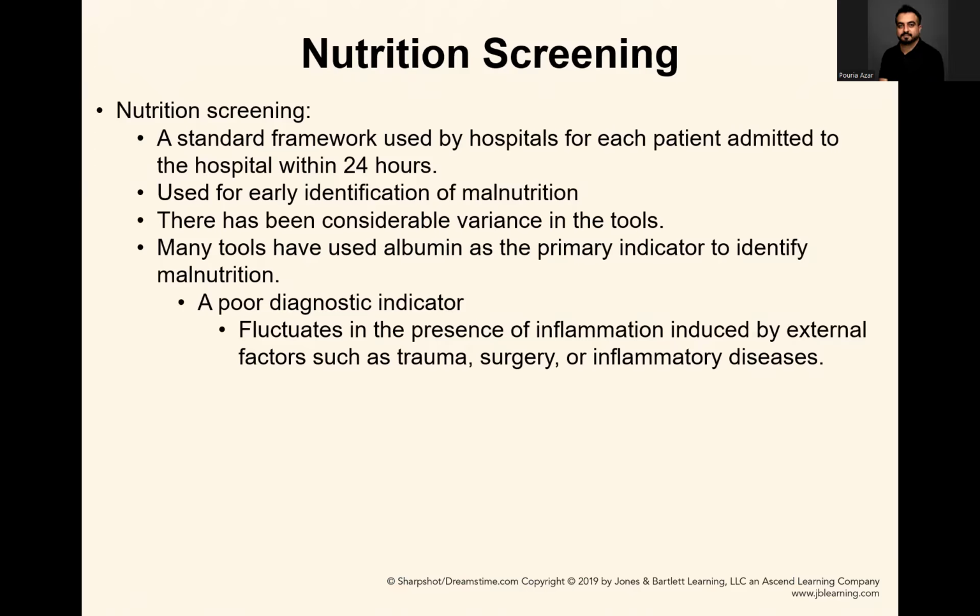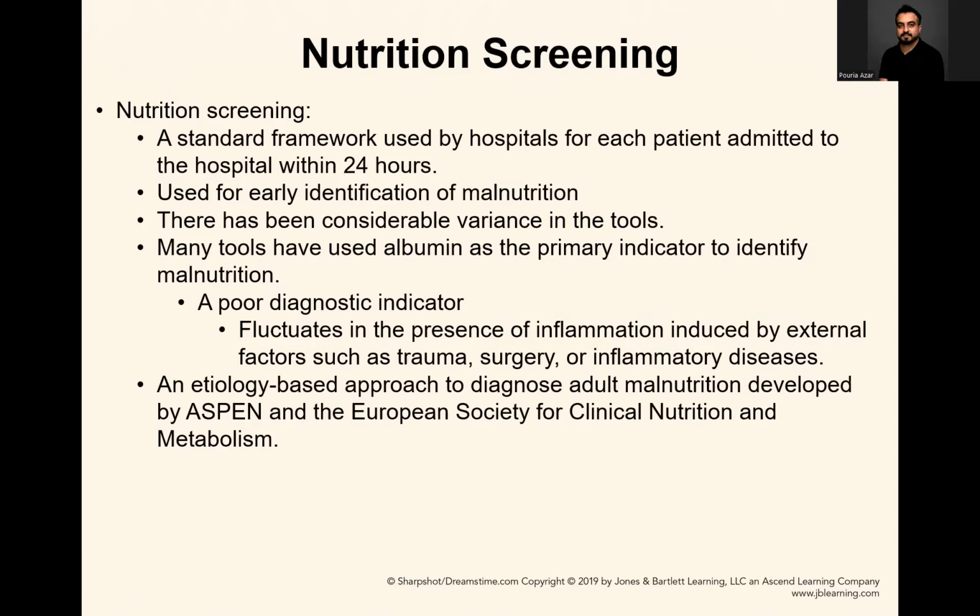So these biomarkers cannot be reliable. That's why albumin is a poor diagnostic indicator. But unfortunately, I have seen some institutions and facilities still use albumin as the primary indicator for malnutrition, and they use it in their nutritional screening forms.